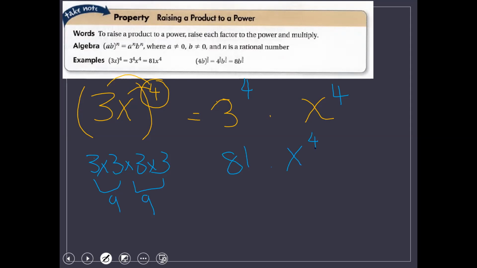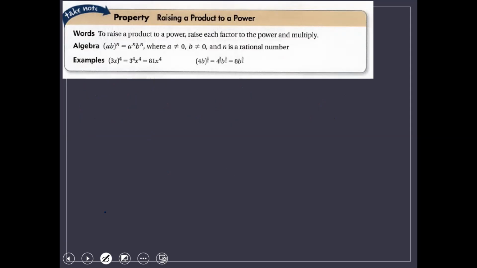Now, if you have 4b, the product of 4 and b, raised to the power 3 over 2, it will be 4 raised to the power 3 over 2 times b raised to the power 3 over 2. What does it mean? What is the numerator up? It's 3. So I will repeat the number 4 three times.